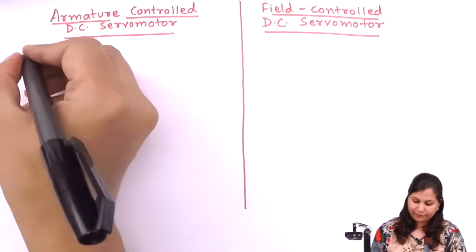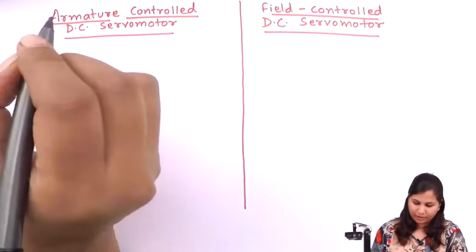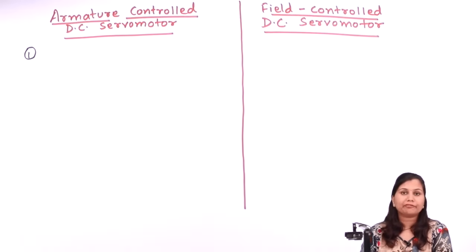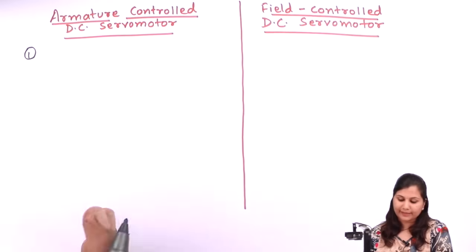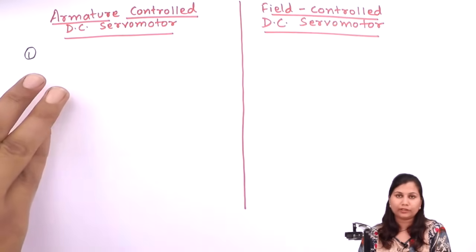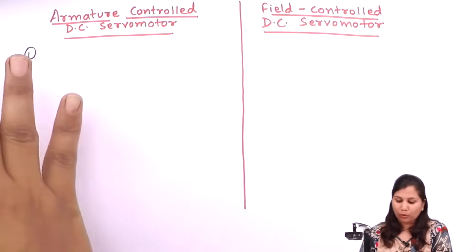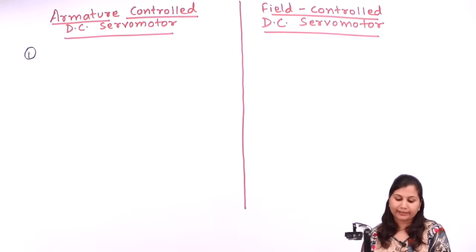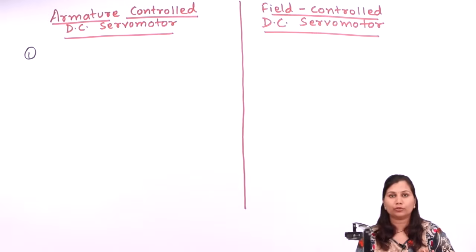So the first difference is that the armature controlled DC servo motors give better performance because they have a closed loop. As you see in the block diagrams which we have drawn for both the armature and field control, the armature controlled motor has a closed loop control system.